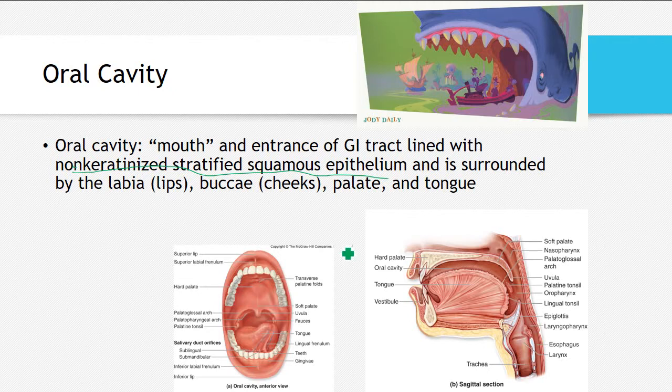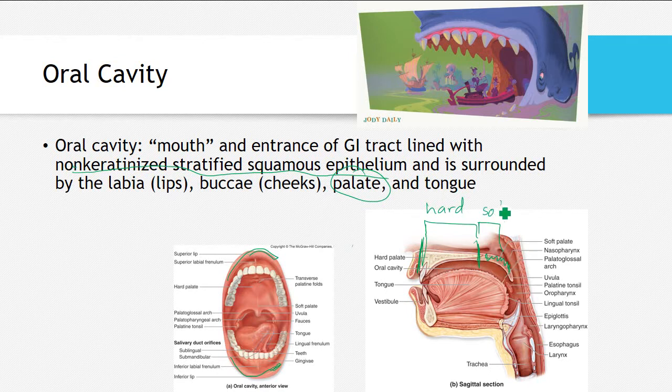It's surrounded by the labia, which are the lips. Buccae, which are the cheeks. The palate, there's two regions of the palate, right? There's this part, which is the hard palate, and then there's the soft palate back here.